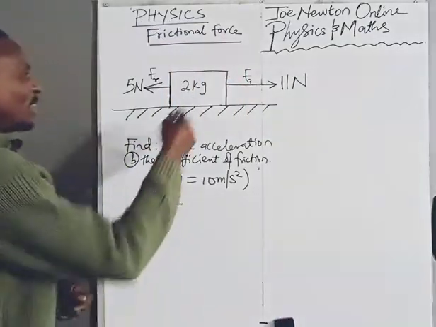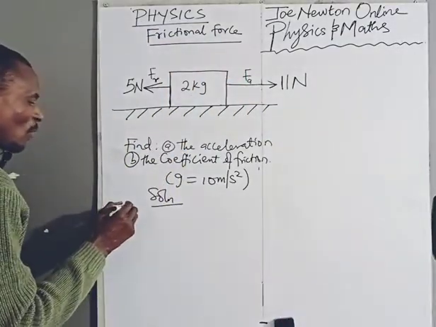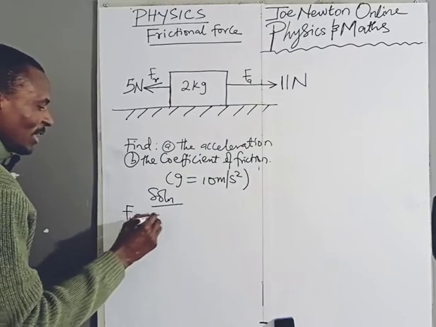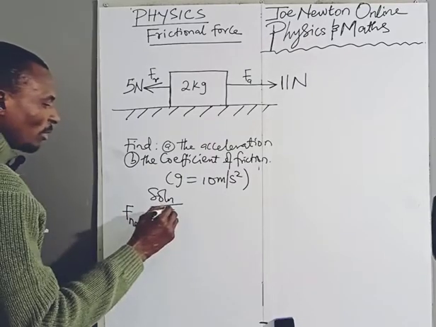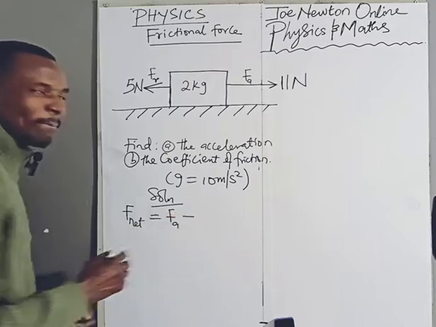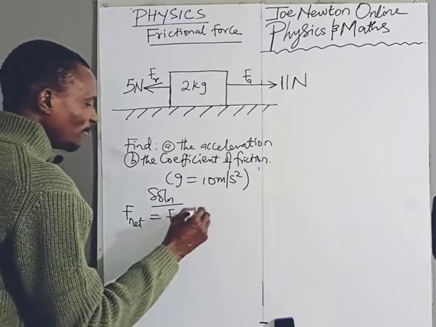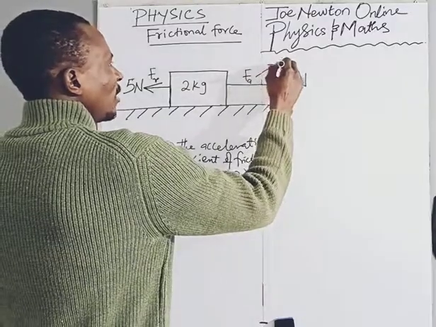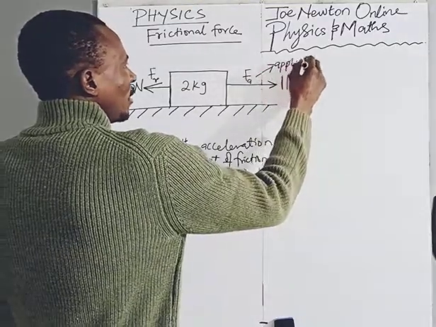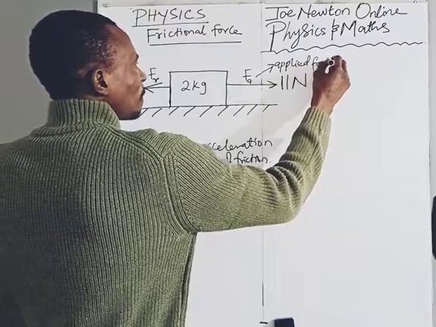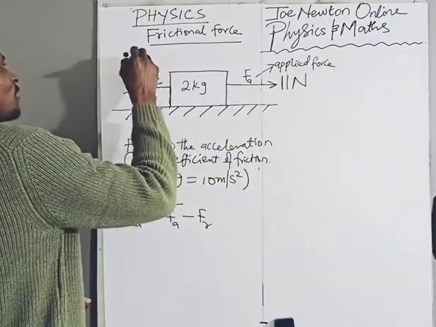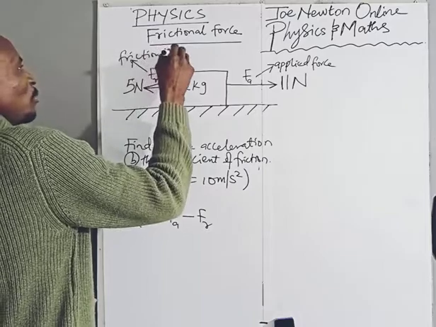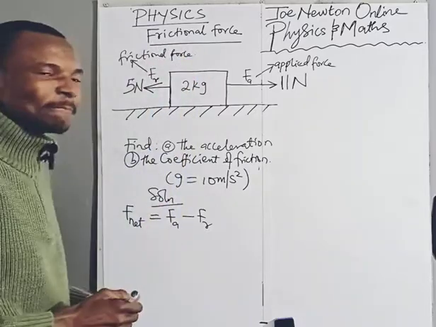So our net force, we call it F net, will be equal to the acting force or applied force minus the frictional force. This is the applied force. This is the frictional force opposing the motion of the body.